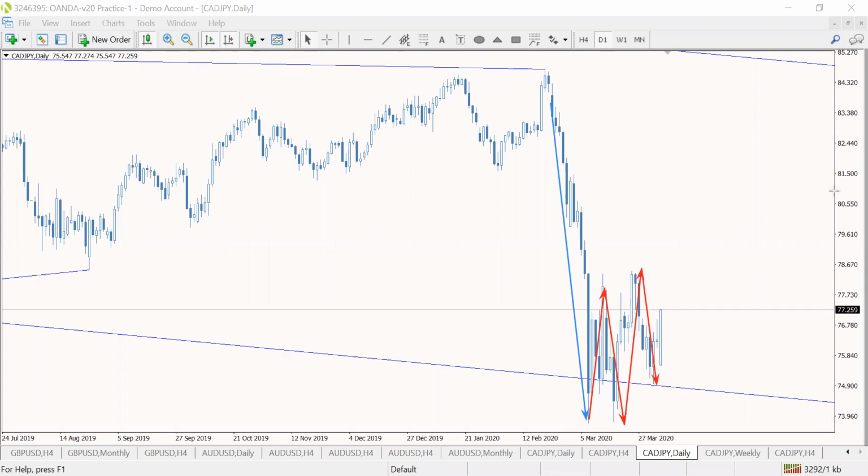Now, if you know wave analysis, when you get a correction, the next wave that you are looking to get is an impulse. That's wave analysis. But why I say I'm not interested in this impulse, it's because we are in the monthly demand area. So what if it goes down, it gives me this impulse?